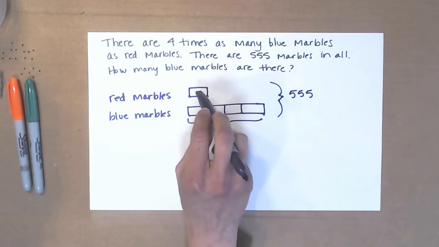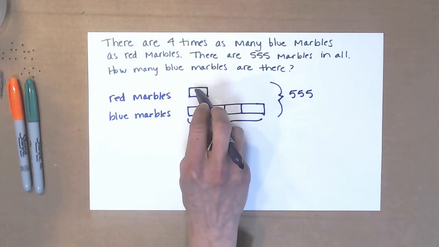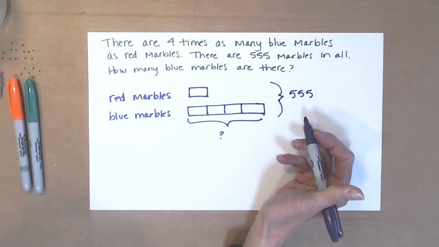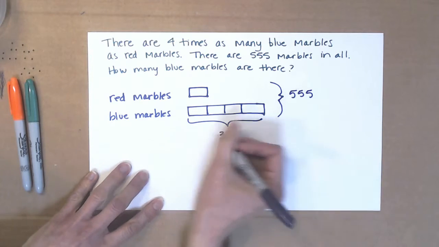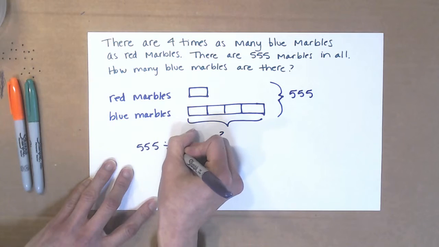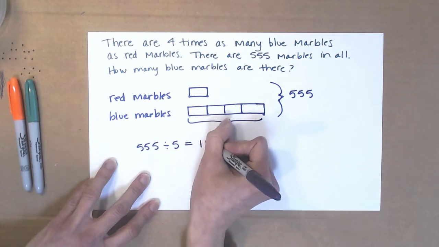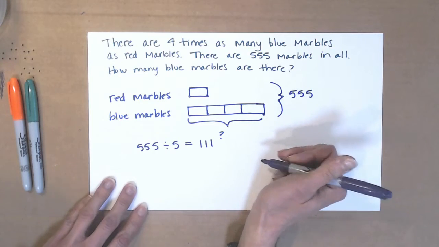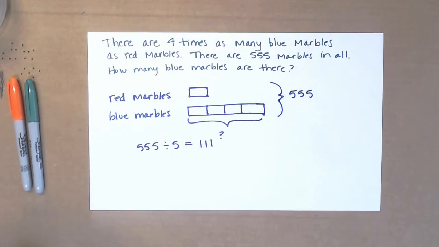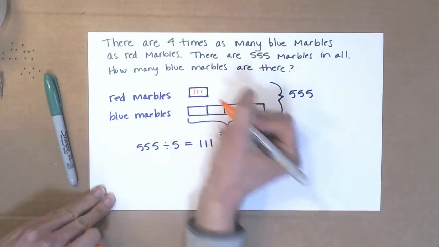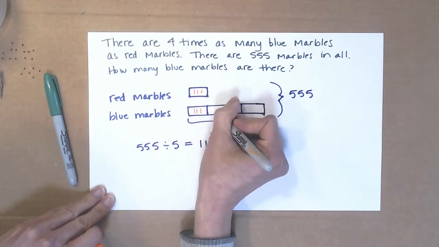So now, looking at our picture, it might become obvious how we figure that out, because 555 is the number of red and blue together. There are 5 equal parts between the red and the blue marbles. So if we take 555 and divide that by 5, you will get 111. So there are 111 in each of these parts. 111, 111.